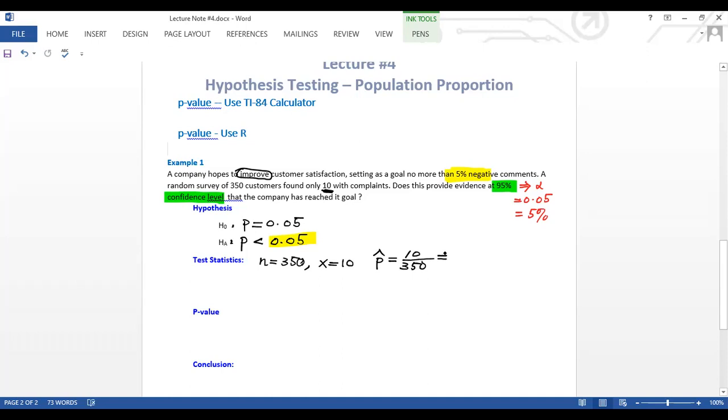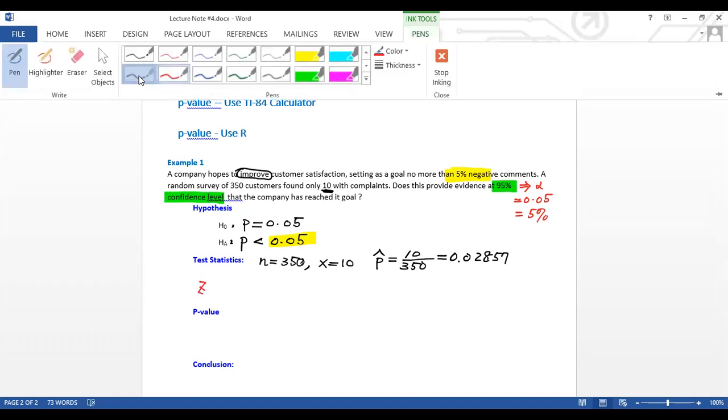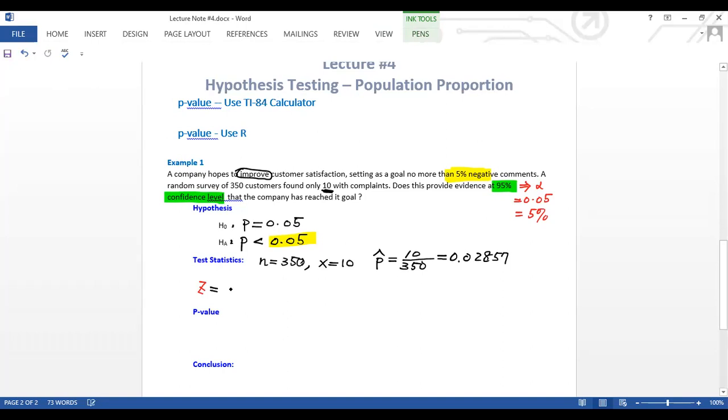All right, so 10 over 350 will be 0.0257, something like that, right? Okay, so now I'm going to put that into my test statistic. This is a given, because this is what the statisticians derived.